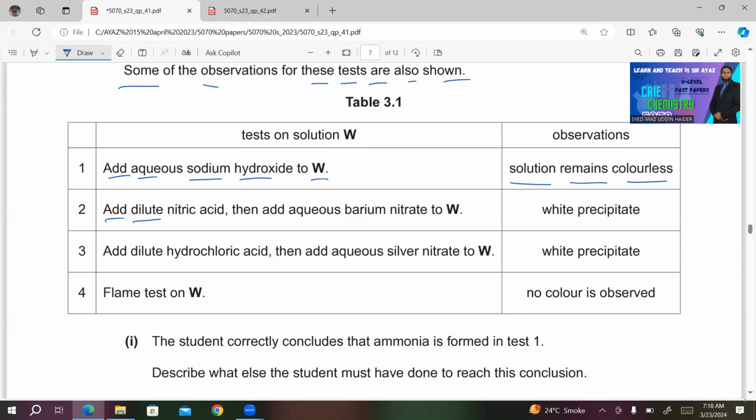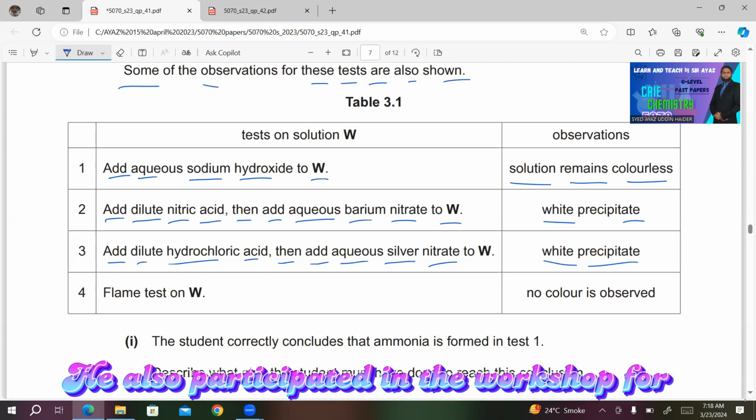Number 2, add dilute nitric acid, then aqueous barium nitrate to W: white precipitate. Number 3, add dilute hydrochloric acid, then aqueous silver nitrate to W: white precipitate. Flame test on W: no color is observed.